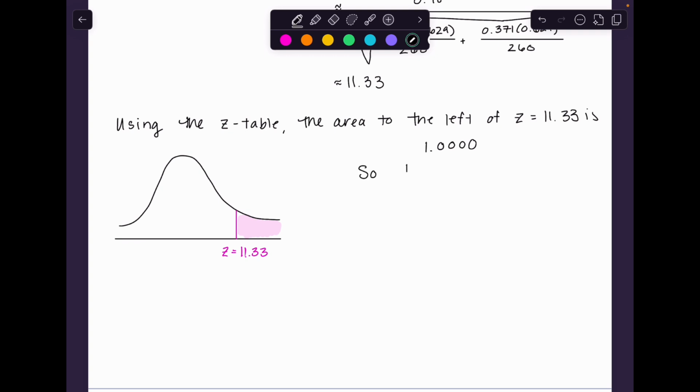So our p-value is 1 minus this, which gives you 0. And then you can fill in the extra decimals if you really need to. But it's such a small, small, small area. So that is this amount. So because that happened, since our value of p is smaller than our significance level of 5%, this tells us to reject the null hypothesis.